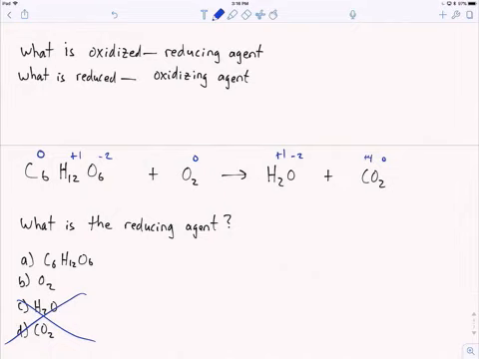Yep, it's being oxidized because the carbon goes from 0 to plus 4. So that means it's losing 4 electrons. So it's being oxidized. So then does that make it a reducing agent? Yes, it does. What did I say was the most common reducing agent? Yep. And what's the most common oxidizing agent?